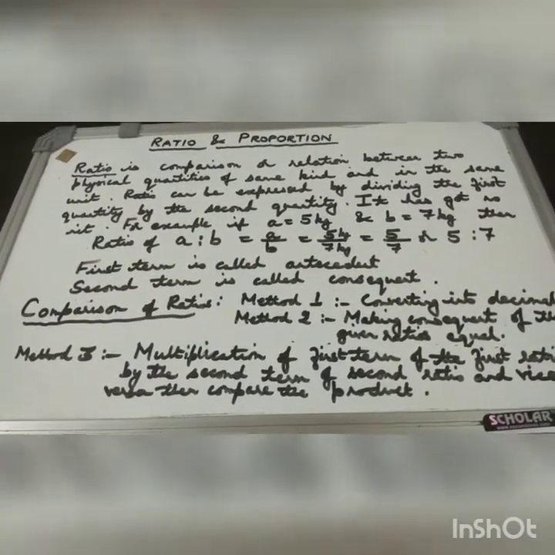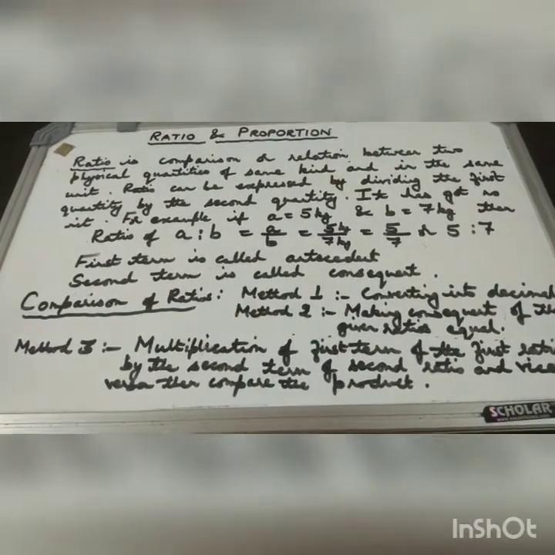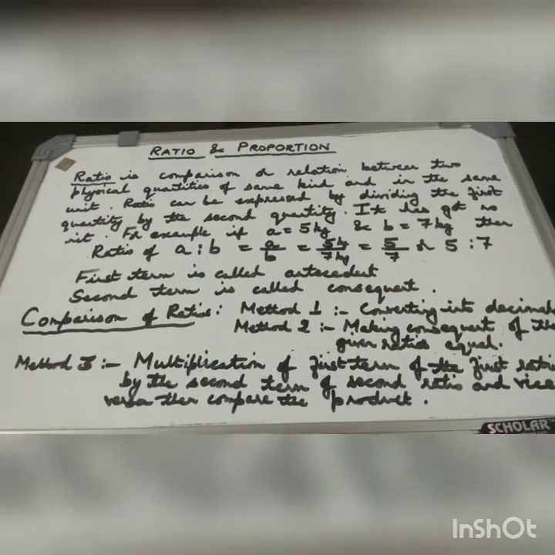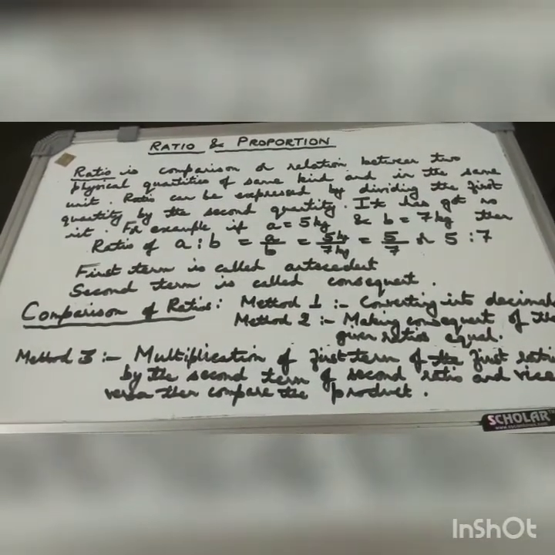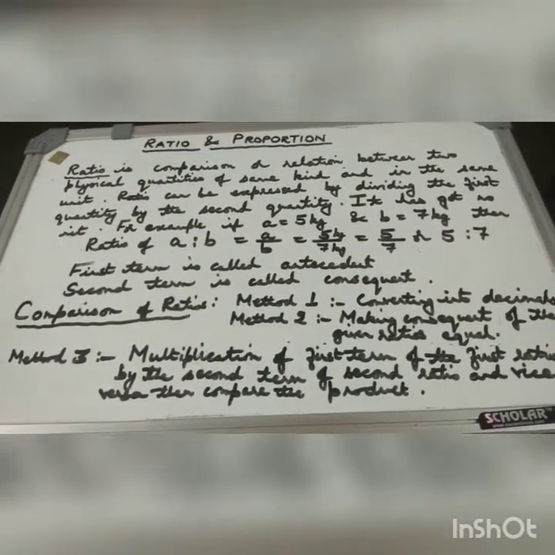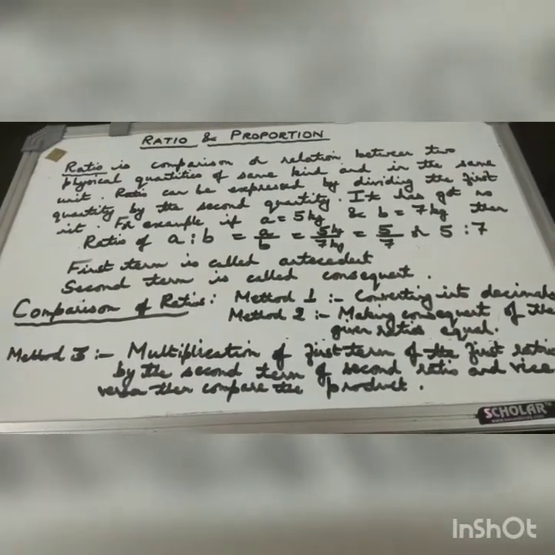Now, ratio is comparison or relation between two physical quantities of same kind and in the same unit. Ratio can be expressed by dividing the first quantity by the second quantity, and it has got no unit.